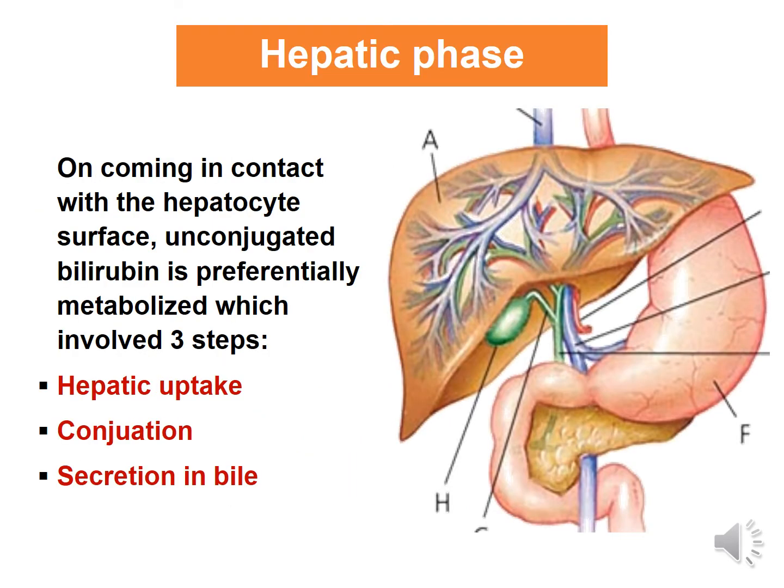On coming in contact with the hepatocyte surface, unconjugated bilirubin is preferentially metabolized, which involves hepatic uptake, conjugation, and secretion in bile. Bilirubin dissociates from the carrier albumin molecule, enters a hepatocyte via facilitated diffusion, and binds to intracellular proteins, particularly the protein ligandin.